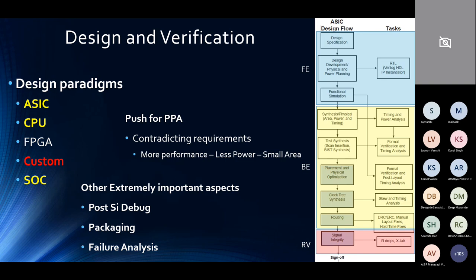Once that is done, you go on to something called backend. And backend is actually the implementation of that hardware description language that you have written for your architecture. So you take that RTL, take that through auto place and route kind of steps. You close timing, power, and whatnot, and you convert the design. And when I say convert the design, you actually draw the layout that can be sent to the fab for you to fabricate the chip onto the silicon.